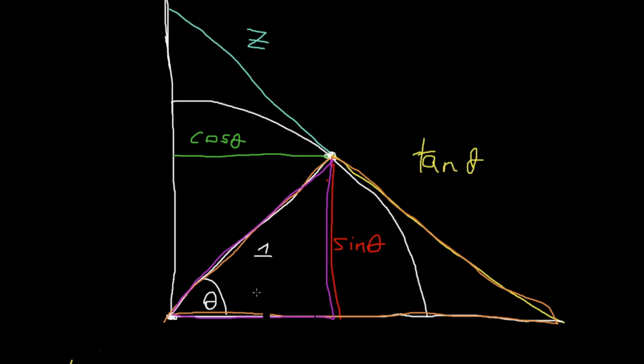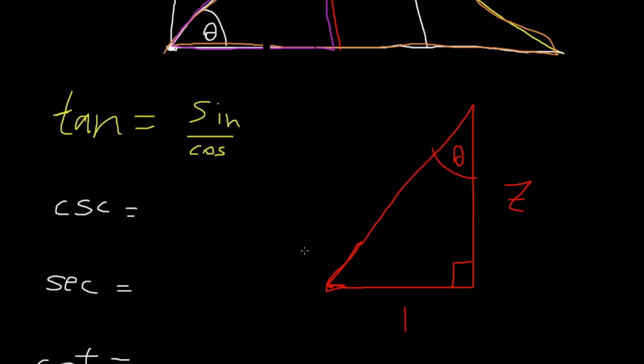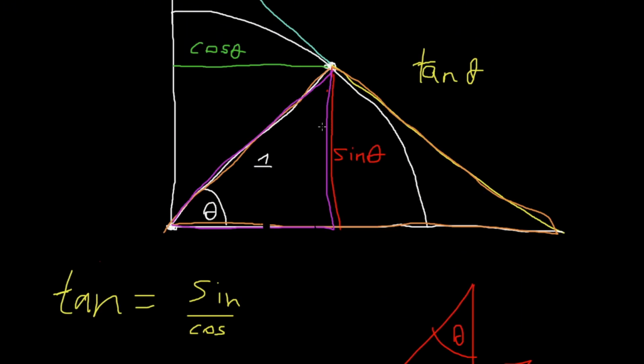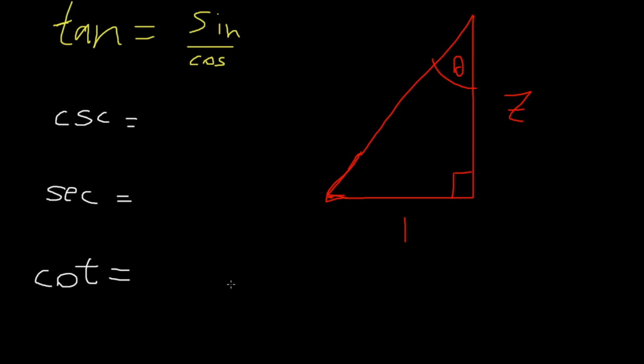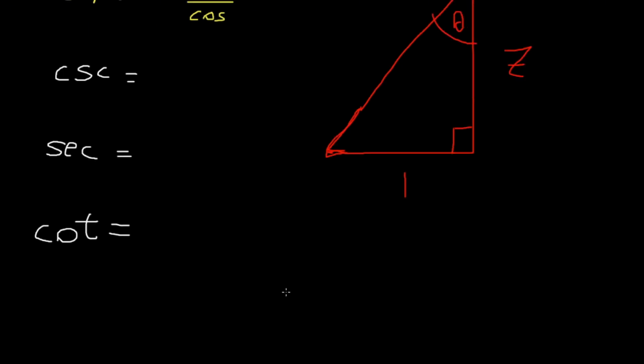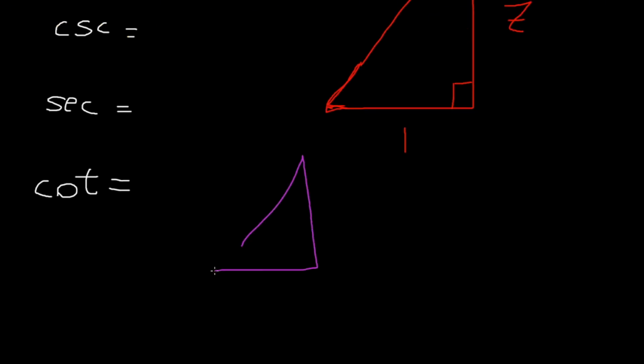So now what? We should relate this to our original triangle in purple, so we can figure out what z is. I mean, we already know it's cotangent, but what is it, right? So I'll draw it right here. 90-degree angle, right there. Theta, 1, and this is cosine, and that is sine.